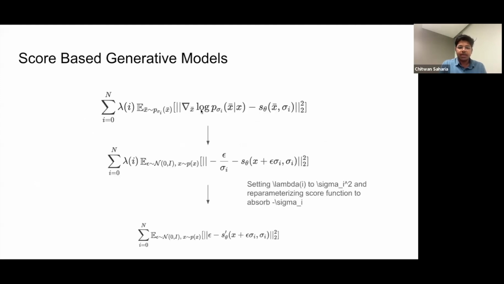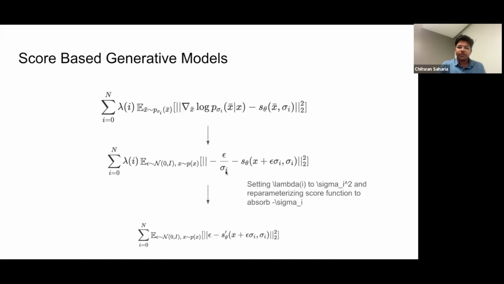So just to put this back here, we started out with this objective. The target now becomes just epsilon over sigma i. And what I'm doing here is reparameterizing the score function to fold in sigma i and the negative sign, just to make the objective function a bit simpler. And the way I have decided the lambda i here is that, as you can see, the epsilon is always a sample from the standard normal Gaussian distribution, so it has a fixed norm.